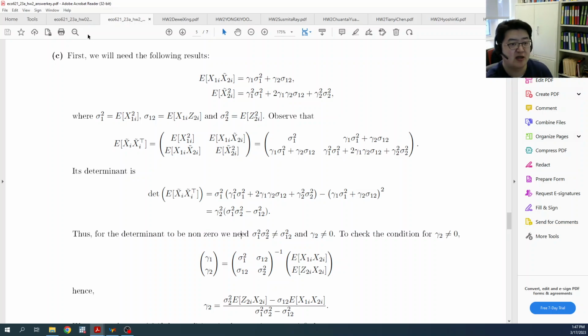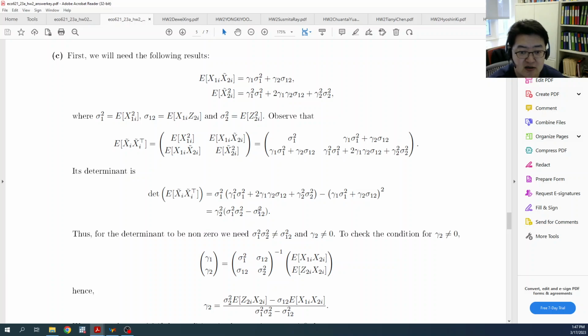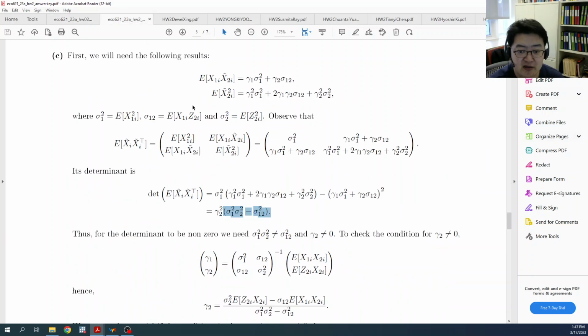So in the question, you may wonder why there are two conditions. One condition is more familiar, but what is this other one? This is because the second part is implied by this. And what still remains is gamma 2.